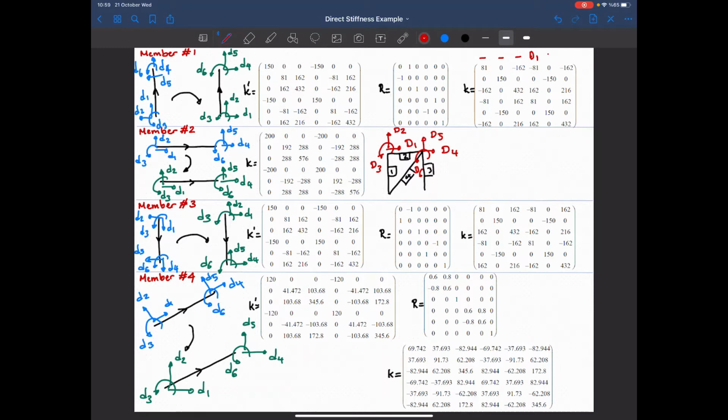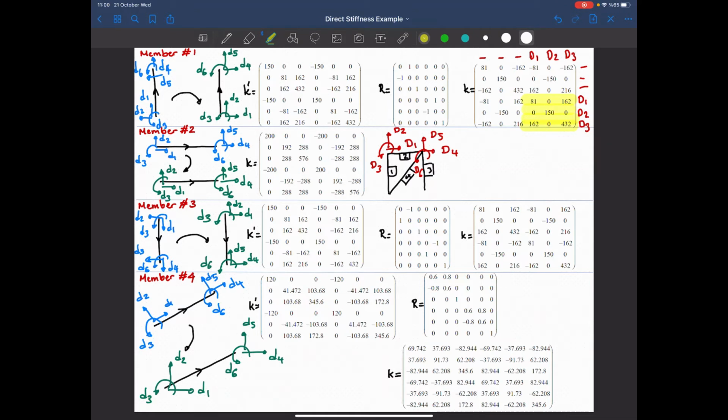So I'm just putting a note to myself. That's D2, that's D3. Again, 1, 2, 3 don't have any contribution, but D1, D2, D3 do. So this actually shows that this portion of the stiffness matrix will have a contribution to the structural stiffness matrix.